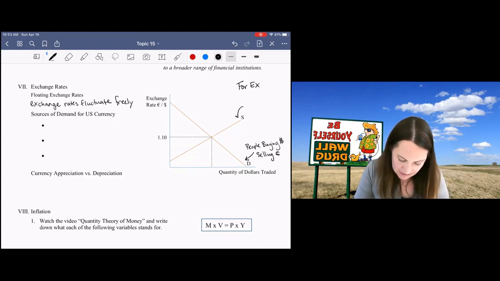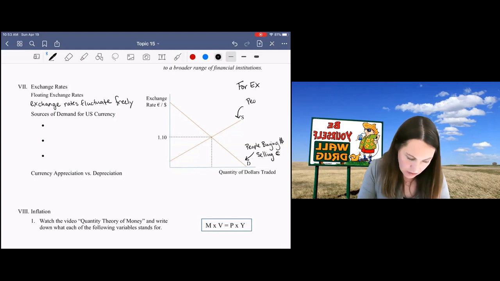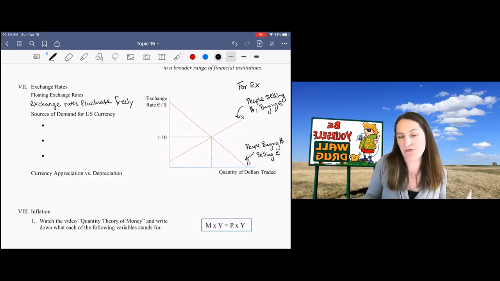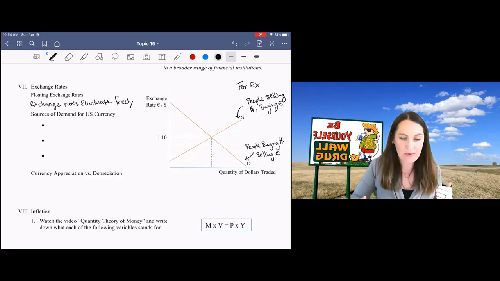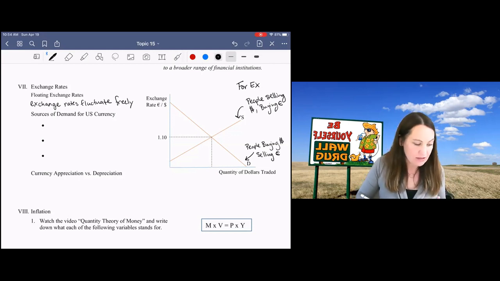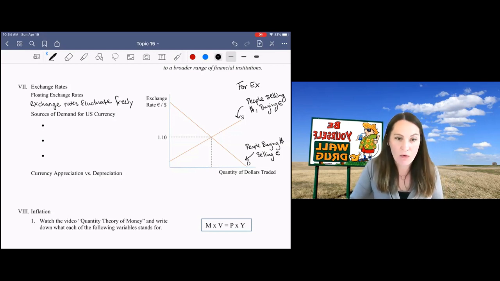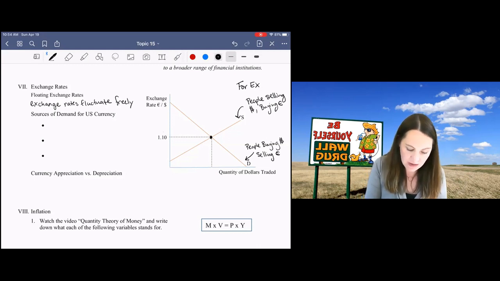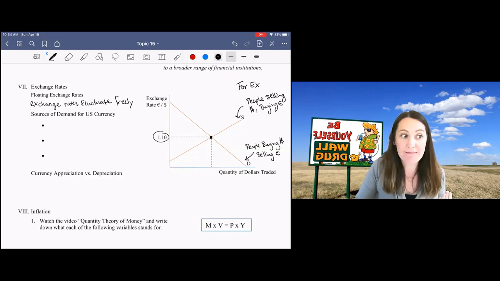And the supply in this market would be people selling dollars, and those people would therefore be buying euros, right? So you can start to see how we could write this market two different ways. But in any case, supply and demand for dollars in this market is going to lead to some equilibrium exchange rate for dollars against the euro, okay?